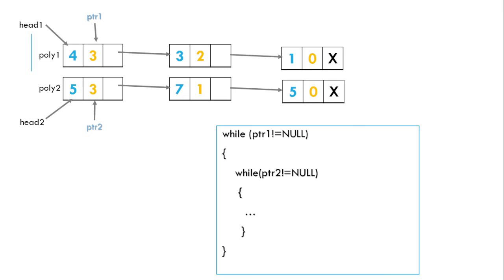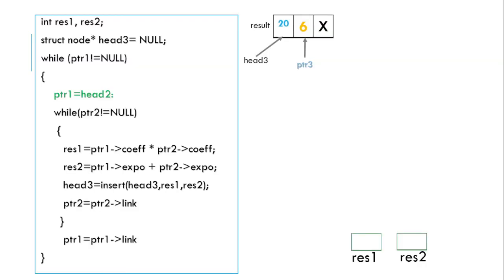Once it has completed one iteration, ptr1 shifts to the next node. Then ptr2 will again start from the first node of the second polynomial, move to the second node and move to the third node. Likewise, we will do this process until we complete the first polynomial. So this is how we perform polynomial multiplication with the help of linked lists. Okay, thank you.